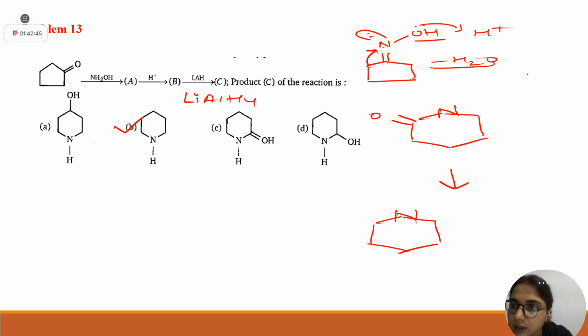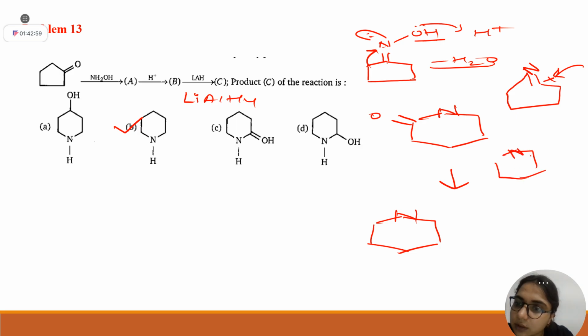As I told you in the mechanism. Like this. Now H2O will attack onto this positive charge and you will get this nitrogen with OH. Now it will be your amide like this. Clear?